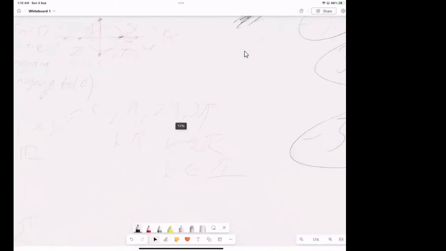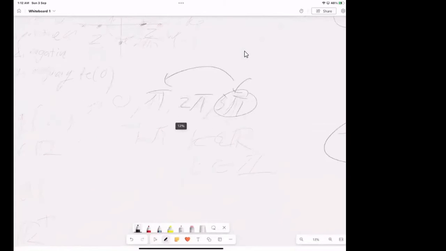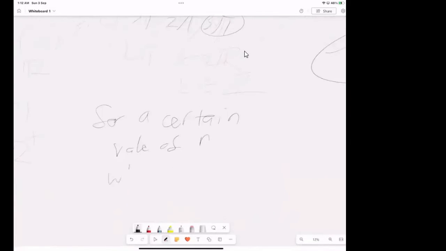So likewise here, with pi, 2 pi, 3 pi, it doesn't actually matter per se, because we can always scale this back to pi. Let's just say that for a certain value of n, the argument of w to the power of n is actually 3 pi.